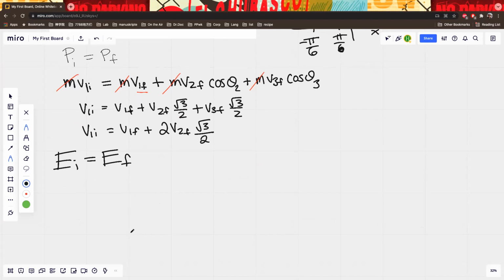So the final energy is equal to the initial energy. The initial would just be kinetic, and the final would also just be kinetic but with different values. Yeah, it's all kinetic because there's no gravity, there's no spring. They haven't given us a spring constant. It's all kinetic.